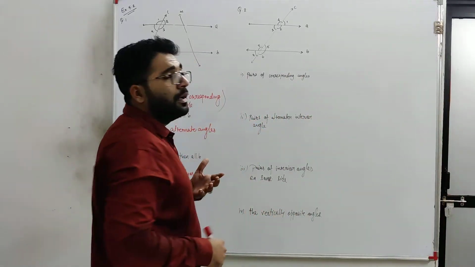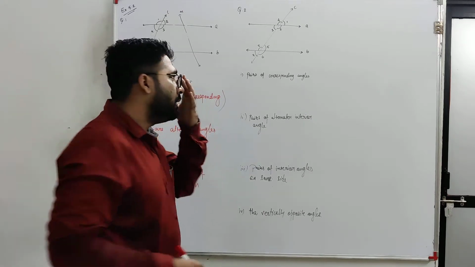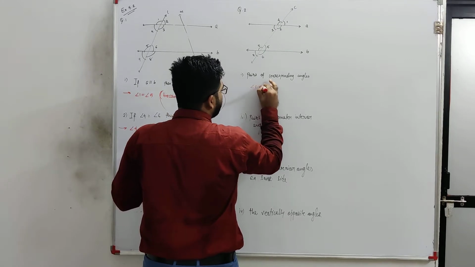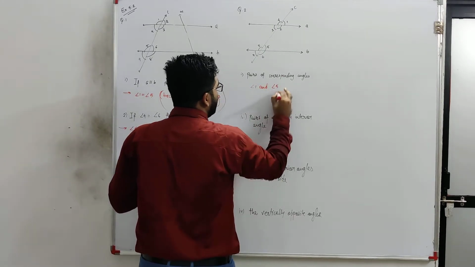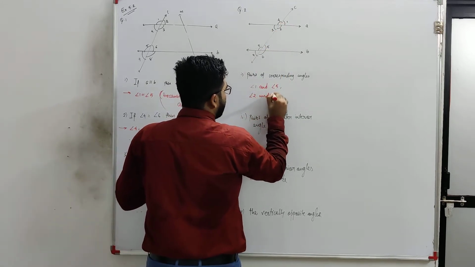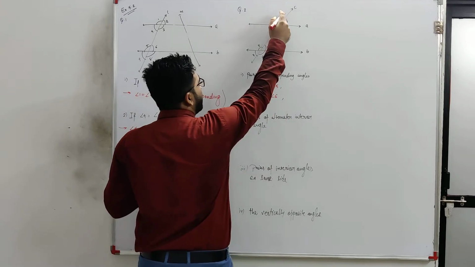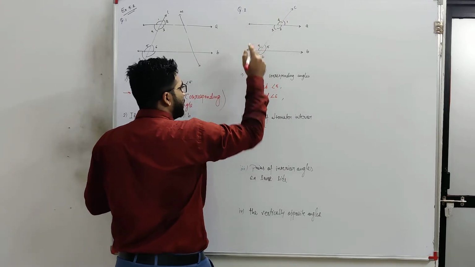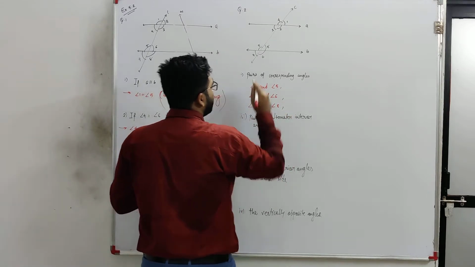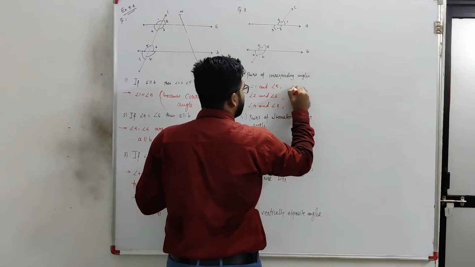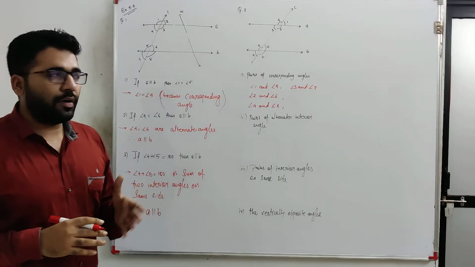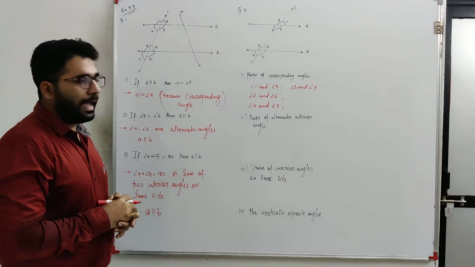To identify them, we look for the letter F. Angle 1 and angle 5, angle 2 and angle 6, angle 4 and angle 8, and angle 3 and angle 7. These are the pairs of corresponding angles.